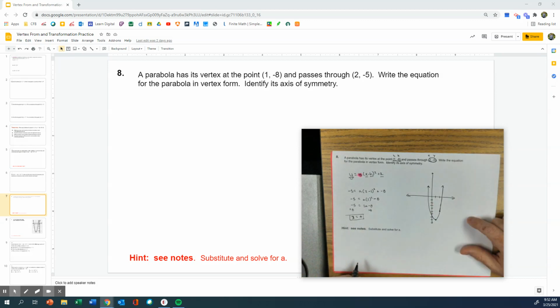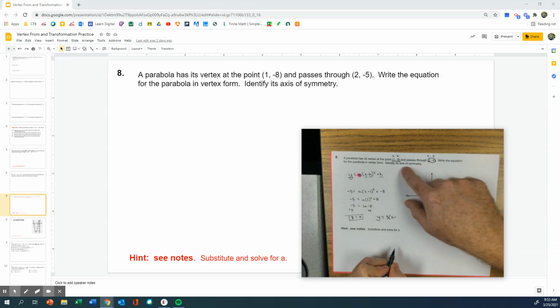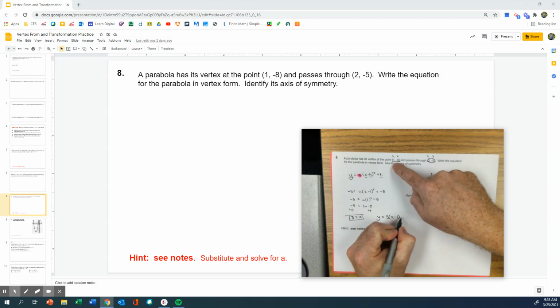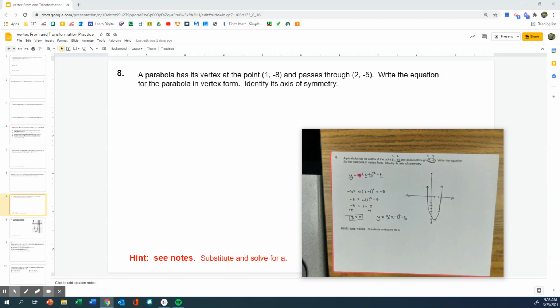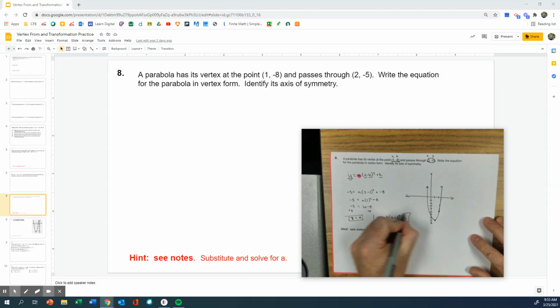We found our a, and we know it goes upwards. So we can now rewrite our equation. y is equal to 3 times (x minus 1) squared minus 8. Okay, that is our answer.